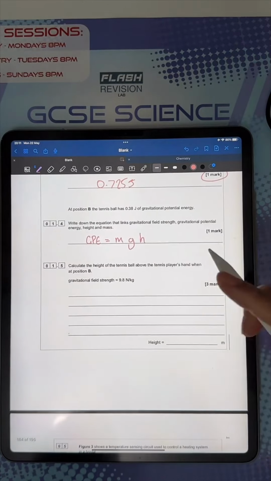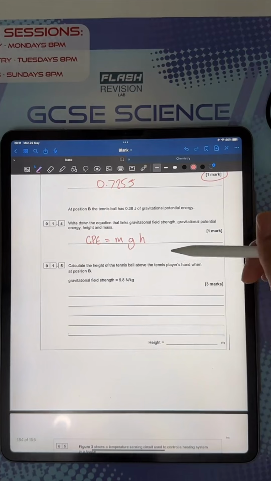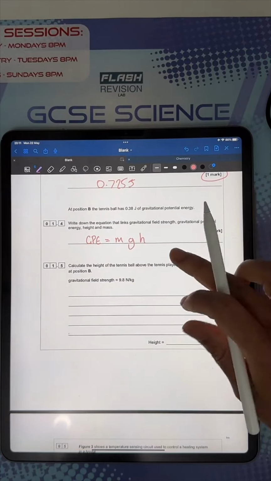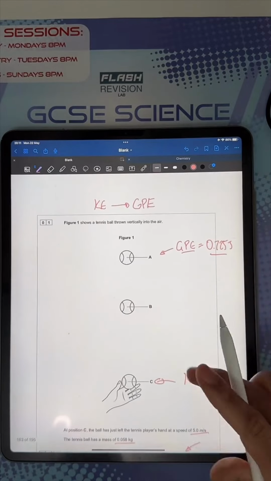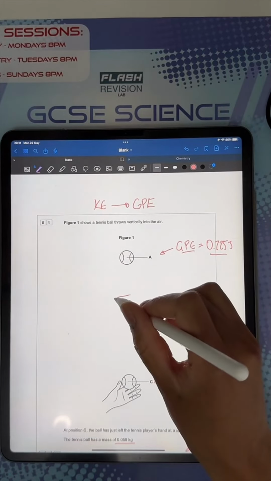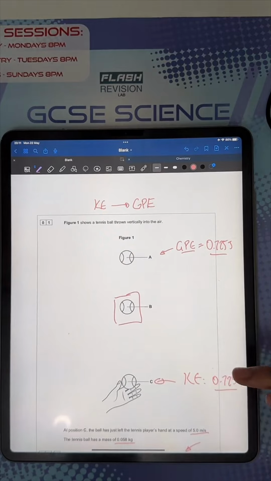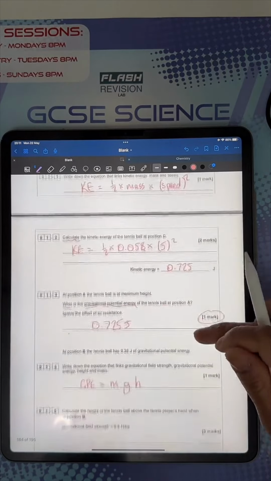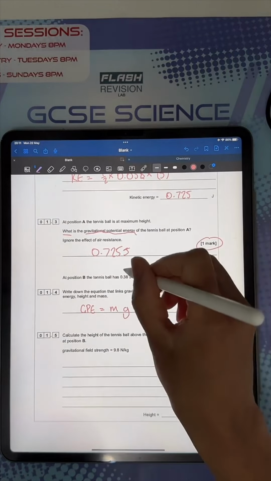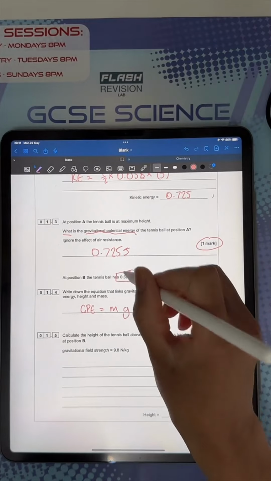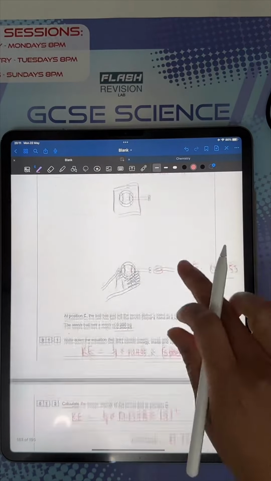So, next question. Calculate the height of the tennis ball above the tennis player's hand when at position B. So this middle position, what do we have? We have the GPE at this point, right? At position B, the GPE is 0.38.